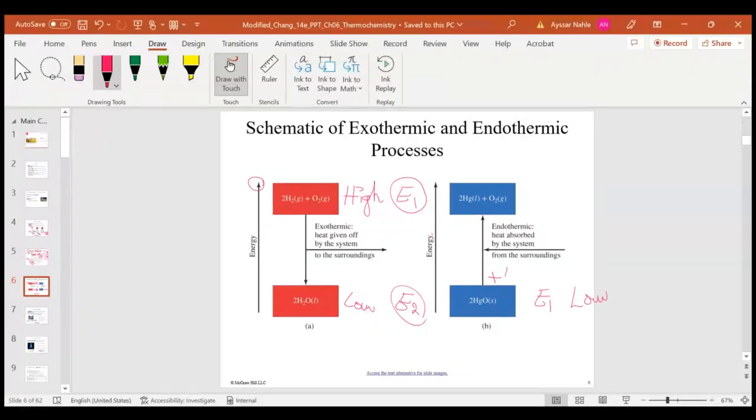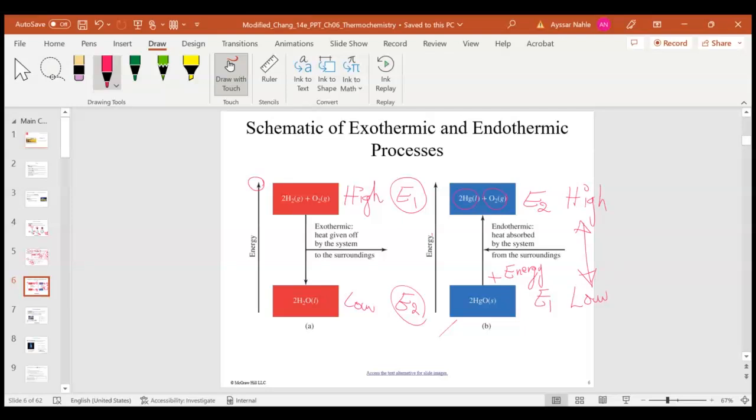Now, I need energy in order to break it down. Once I put some energy, this will be the breaking down of the compound, and this will split into Hg and O2. And Hg has got high energy, and O2 has got high energy, so the energy in here is high. Now, the difference in energy between this and this is coming from where?